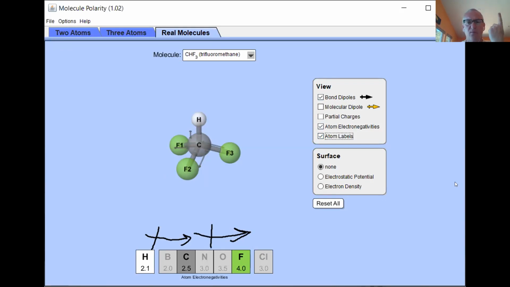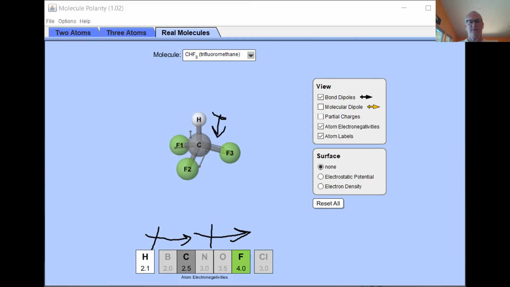But what about the hydrogen carbon dipole? It's really hard to see. But can anyone see what direction it's pointing? Or what direction is it supposed to point in? I'll put it that way. To carbon. Yeah, exactly. It's kind of hard to see, but yeah, that little dipole there is actually pointing toward carbon.